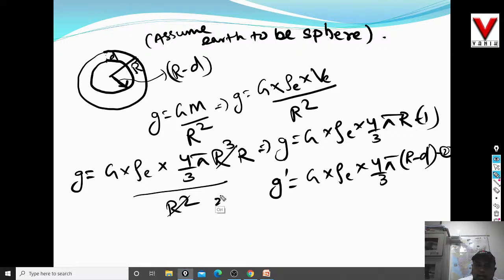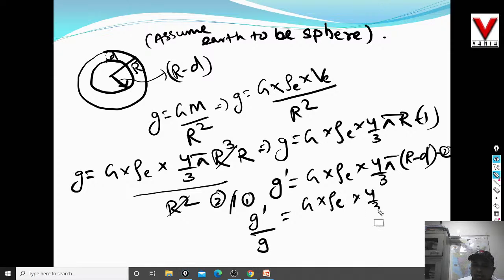Now if I divide equation 2 by equation 1, g dash by g is equal to G into density of earth into 4 by 3 pi into (r minus d). Listen, the density will not change with increase in depth because I'm simply locating the object at depth. Density is defined as mass per unit volume, and the density of an object always remains constant irrespective of its mass and volume.